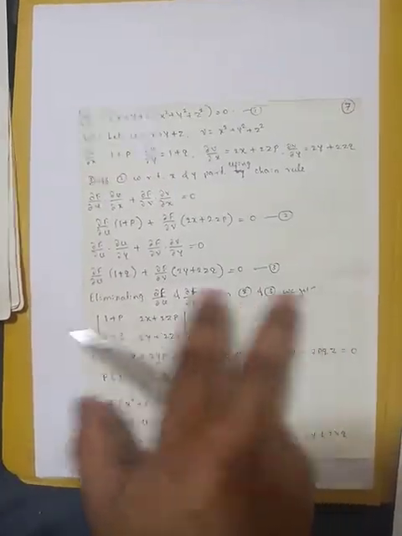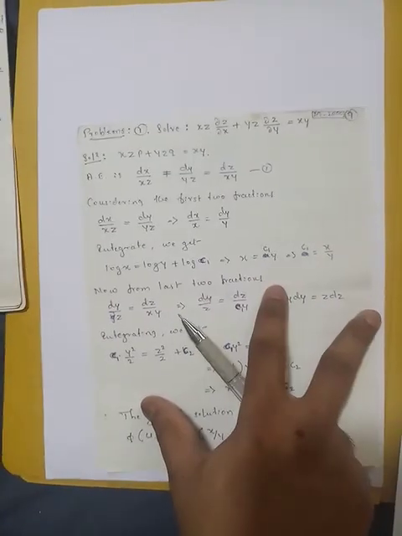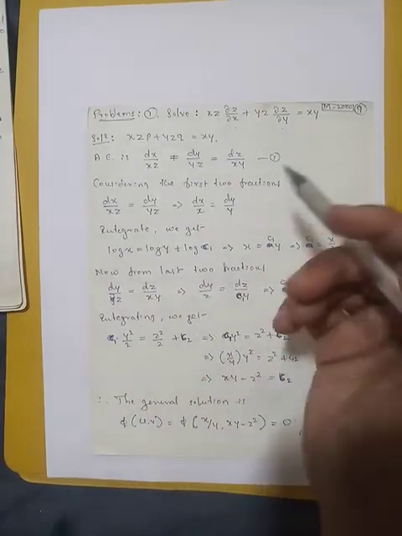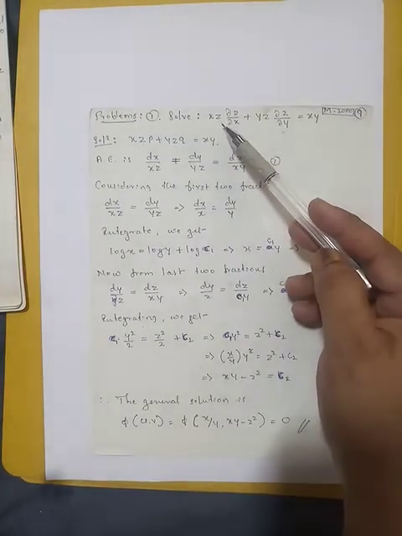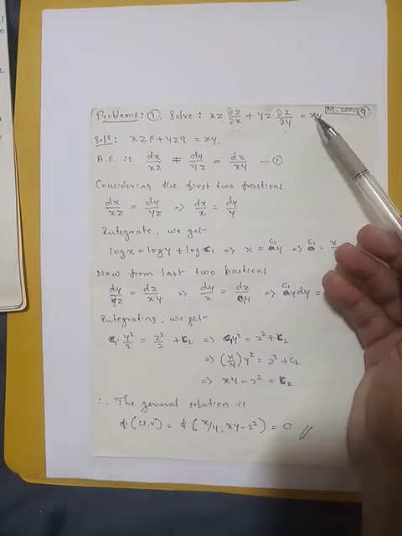Now we consider one simple example. Here is the example: xz into dou z by dou x plus yz into dou z by dou y equal to xy.